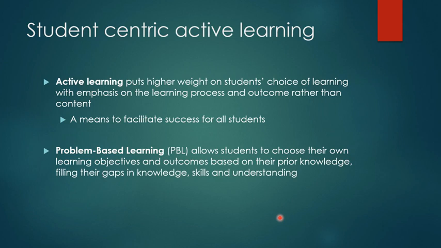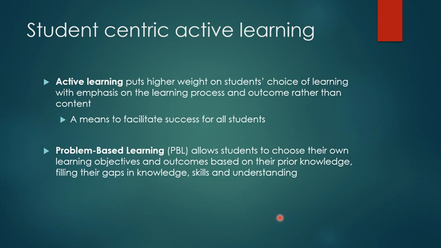So, what is student-centric active learning? Well, active learning puts higher weight on students' choice of learning with emphasis on the learning process and outcome rather than the content itself. It is a means to facilitate success for all students.